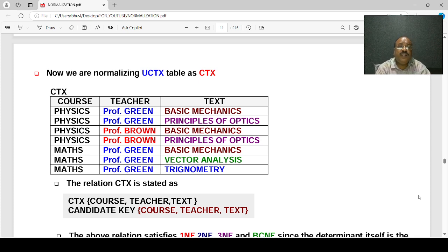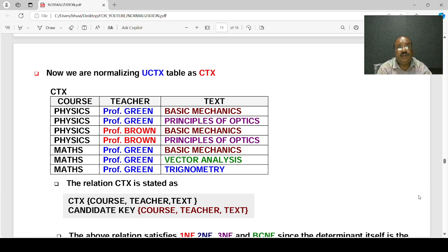So, I need to identify the key once it is brought into the standard form. Now the table CTX contains atomic values. Suppose I consider course as key, I have repetitions, physics and mathematics.